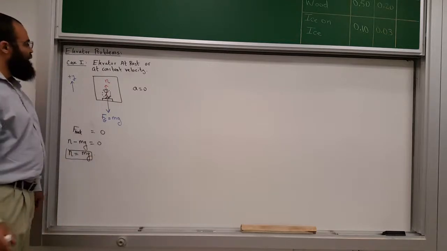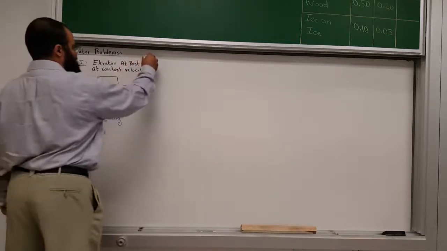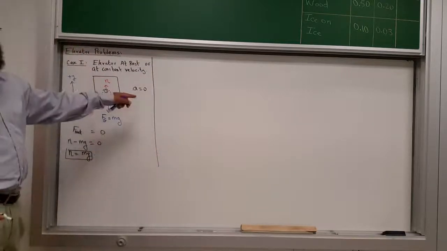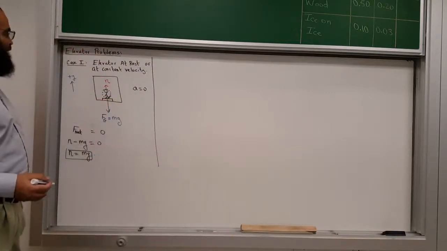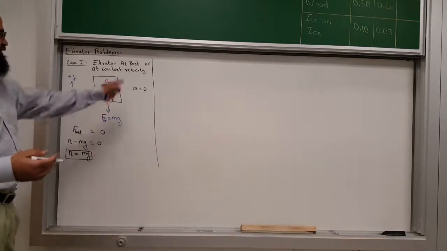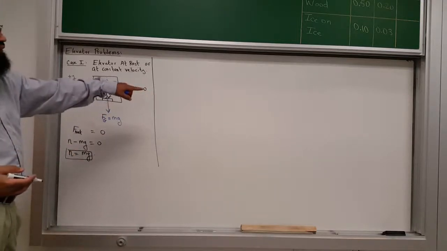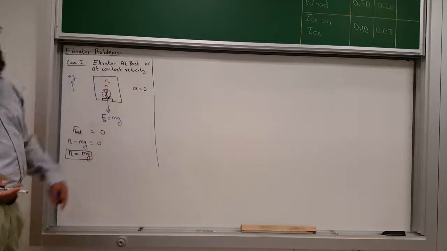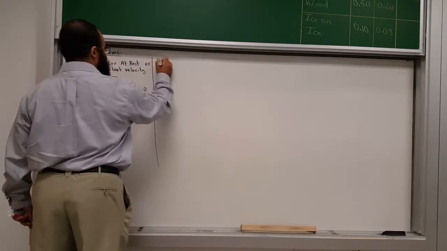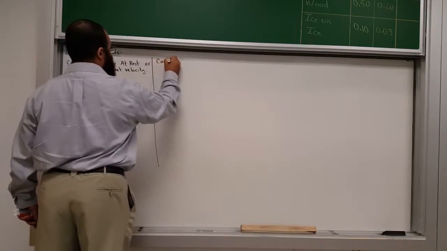Okay. Let's do the second case. You might be able to guess it. In the first case the acceleration is 0, so now we would like the acceleration to be not 0. There are two cases, but this second case we will break into 3 cases. So we'll call it case 2.